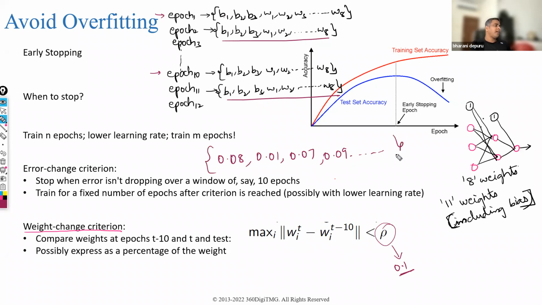When you looked at the maximum value out of all these, say you got maximum value as 0.09, this one. Is the maximum value less than the threshold that you have given? Yes. So your learning has to stop. Your training has to automatically stop. This is called as early stopping.